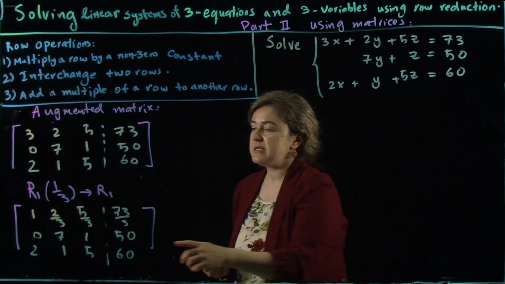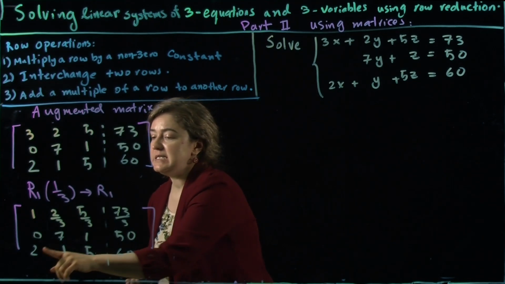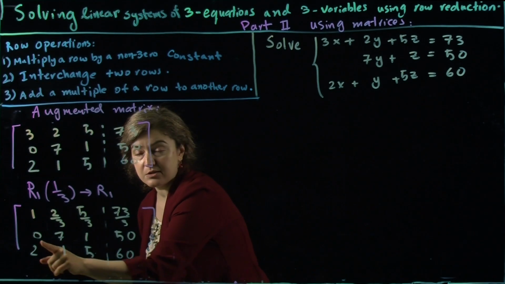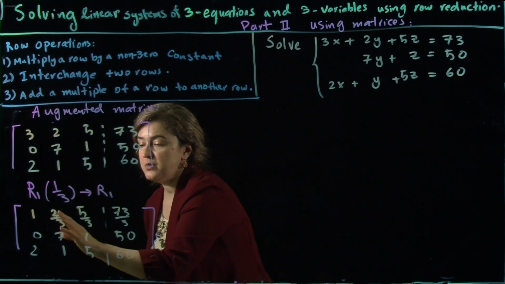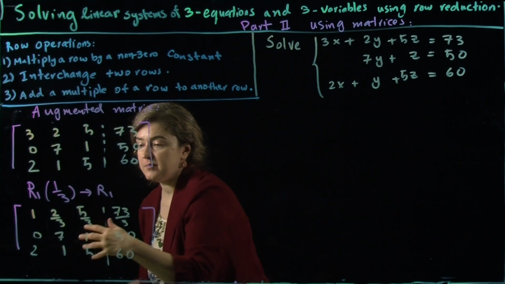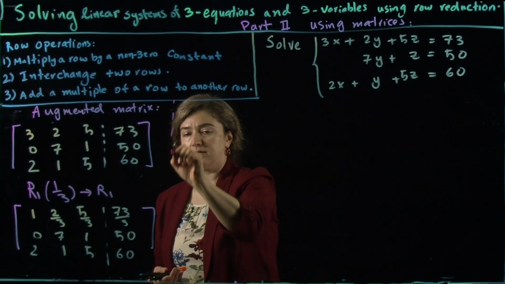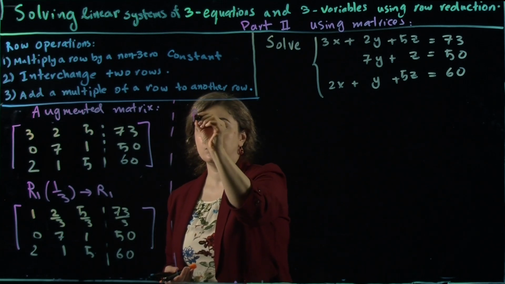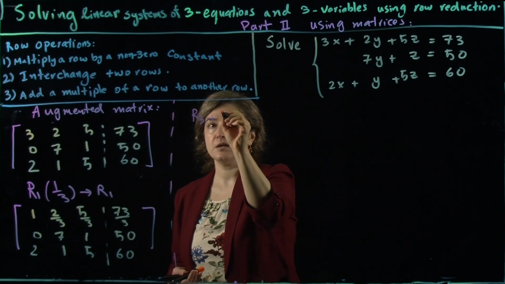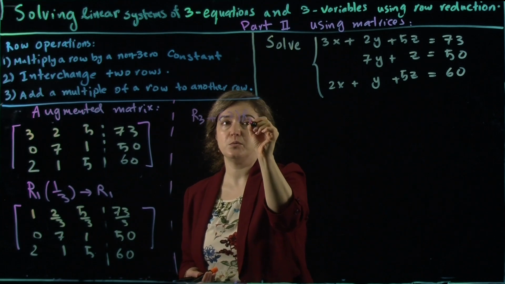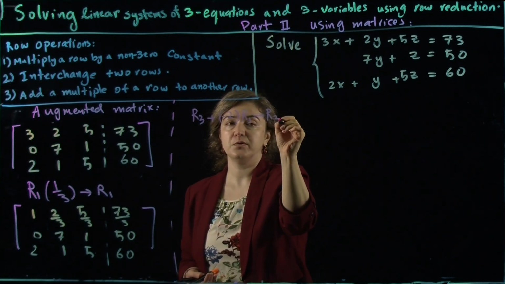So what I do is row 3 plus -2, because this is 2, -2 times row 1 goes back to row 3. So it's row 3 plus -2 row 1 goes back to row 3.